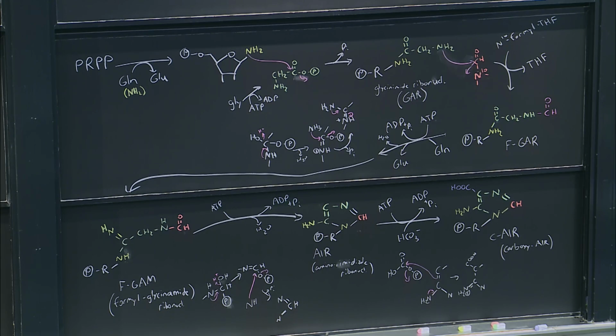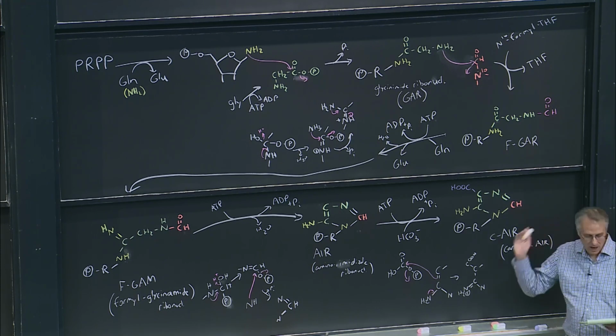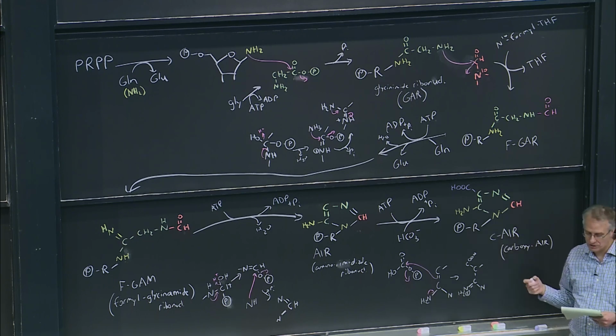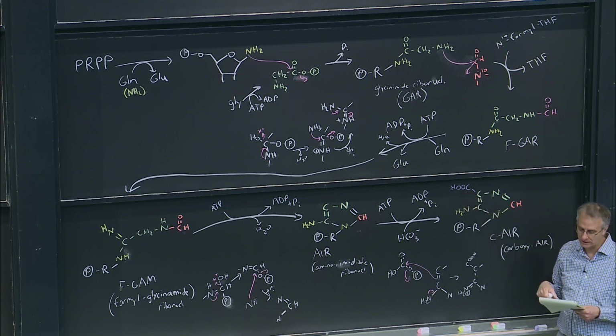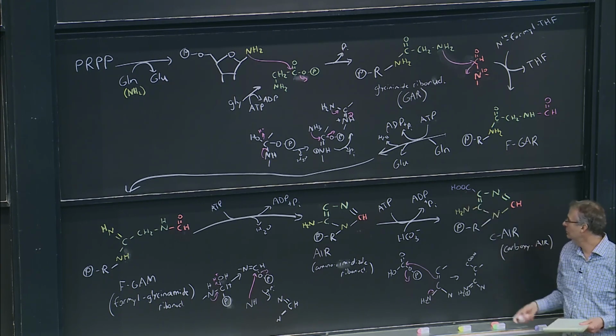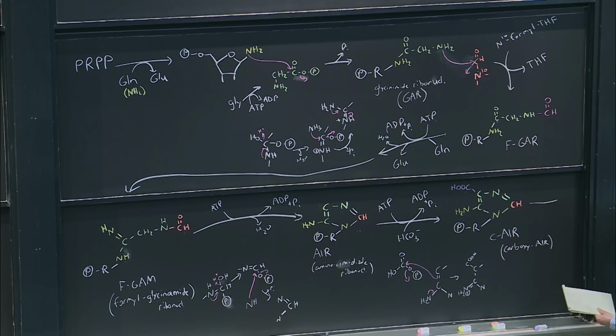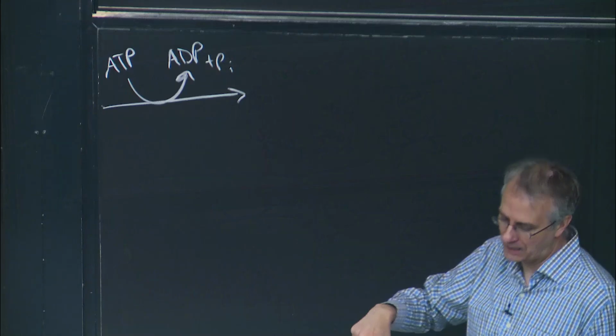All right, now we get to the step that's very similar to the one that we saw in the urea cycle, where we're going to use aspartate to fumarate conversion to add a nitrogen to this carboxylic acid. And so you'll remember that the way we did that in the urea cycle is we used ATP to AMP conversion to end up adding that aspartate group.